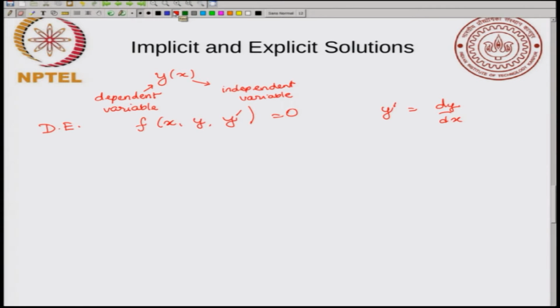Now, if you consider such a differential equation, the solution can be either explicit, that means y is equal to some, I will just say g of x, okay. So, that is an explicit solution.